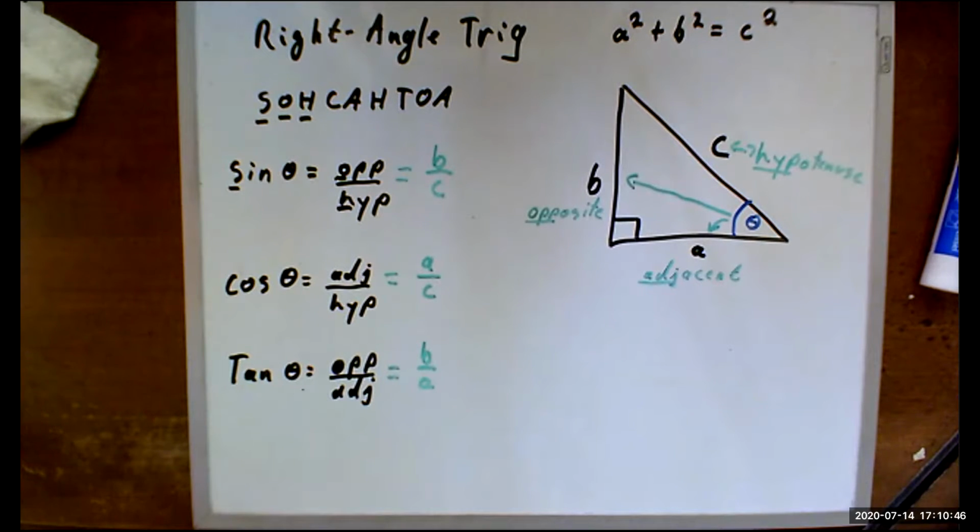The sine of theta will be whatever the numbers B over C turn out to be.